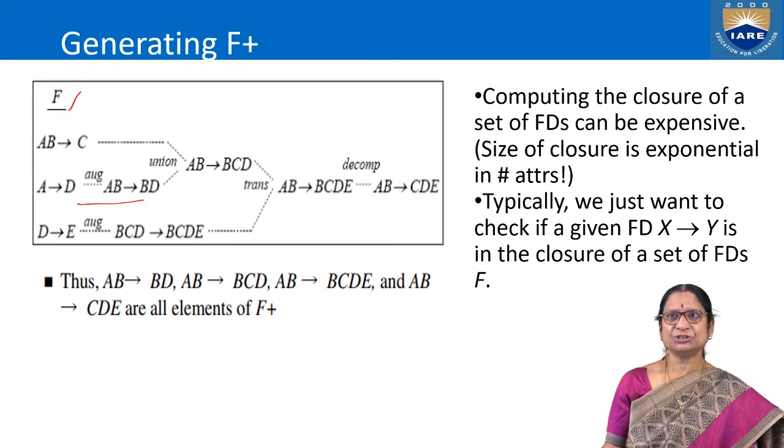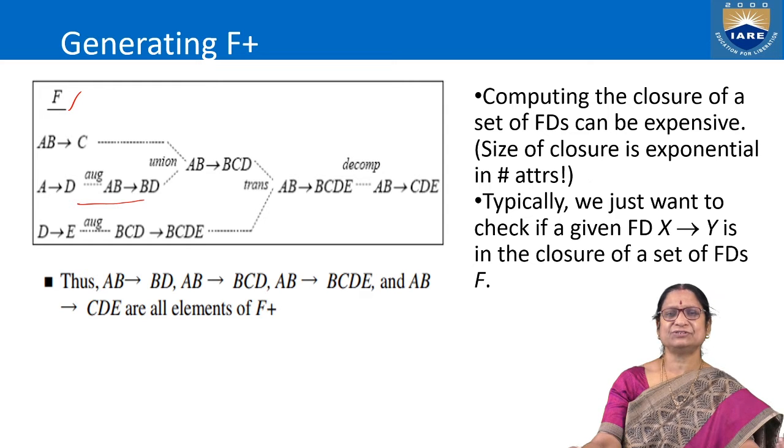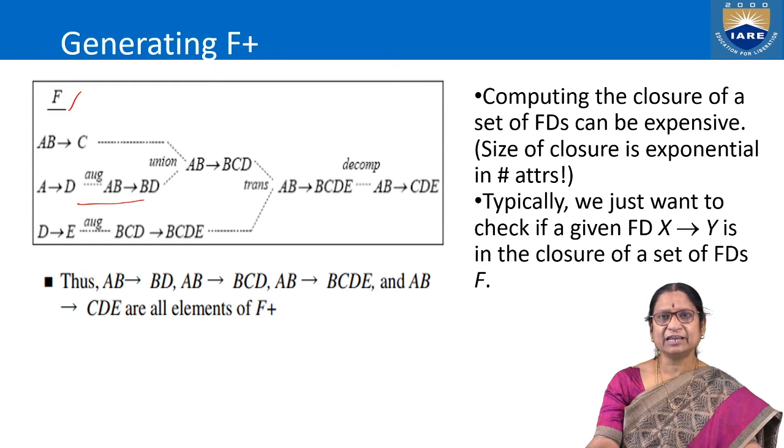Computing the closure of the set of FDs can be very expensive because the size of the closure is exponential with reference to the number of attributes. If the number of attributes is small, it is a little bit easy, but when there are more attributes, computation of F plus becomes very complex and very expensive. So instead of generating the entire F plus, we may check whether a given FD is in our F closure or not.